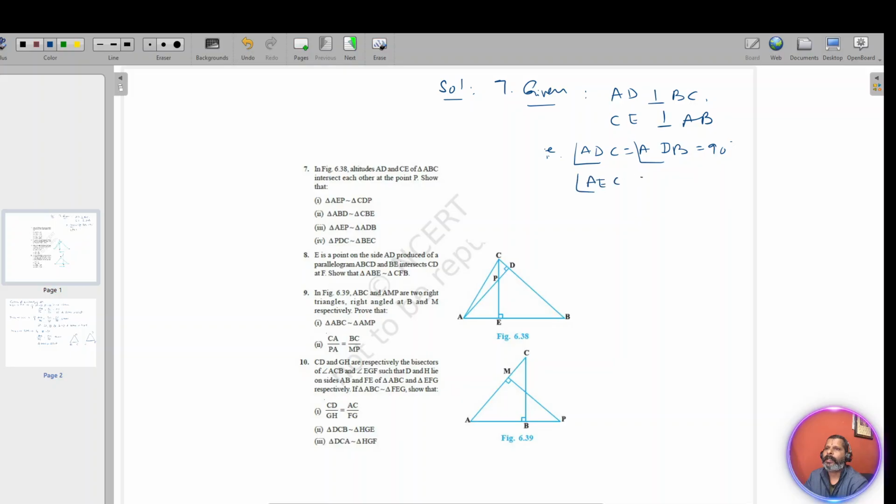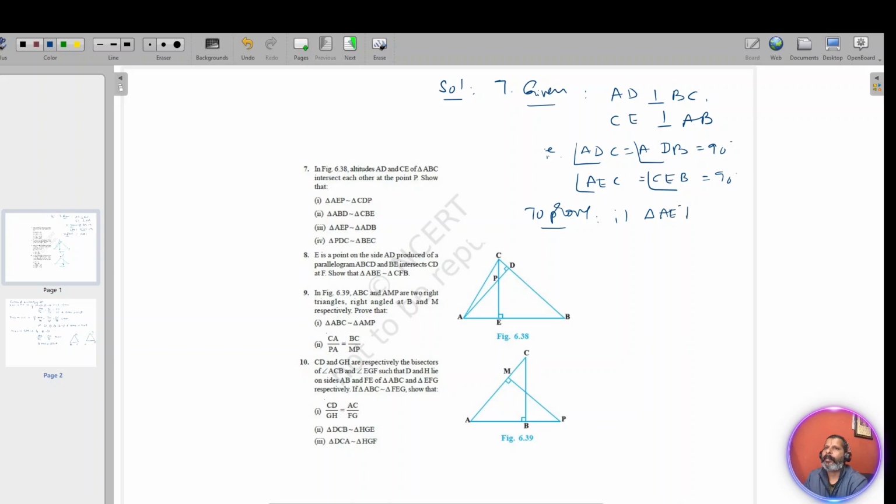AEC, CEB, 90. This part is derived from the first two parts only. Now to prove, we write all four things that they have given.